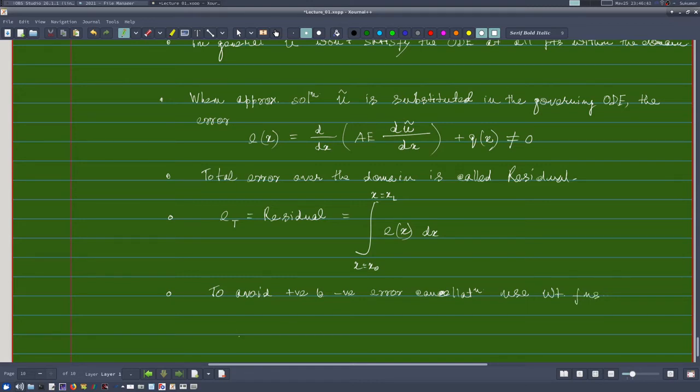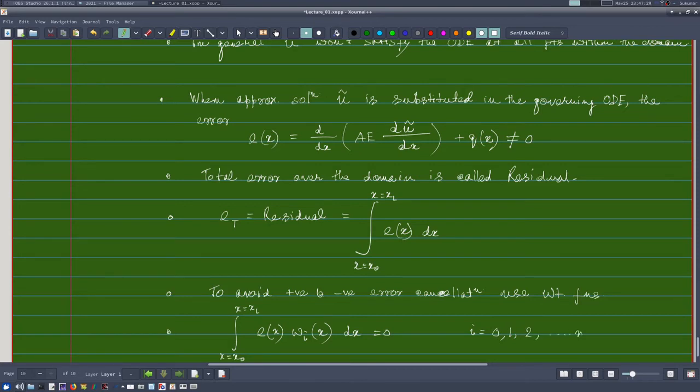Then we want the total residual, the weighted residual, to be 0, and therefore what we write is, from x equal to x naught to x equal to xl, integration of this E(x) times weighing function W_i(x) dx is 0 for all i's, i equal to 0, 1, 2 up to n.